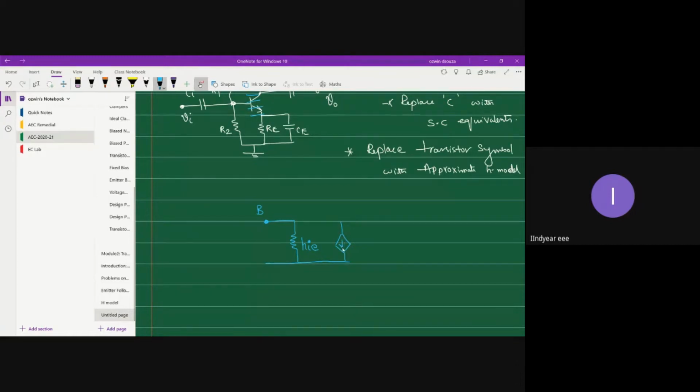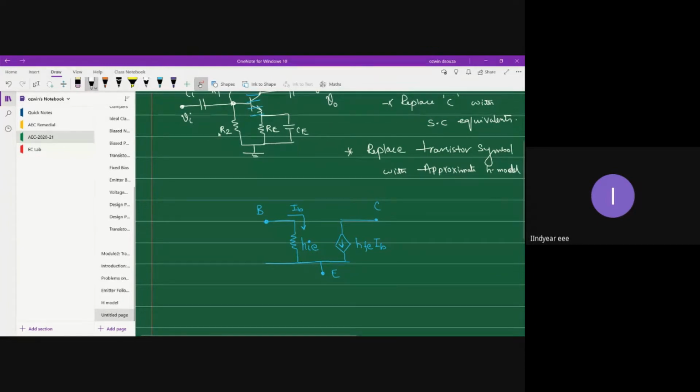So the description of control source is going to be HFE IB, where IB is the input current. All right, so that's your collector terminal. Okay, fine. And this is your emitter terminal. Let me keep it as it is. Let's see what to do with the emitter terminal later. Okay, so that's my transistor H model.